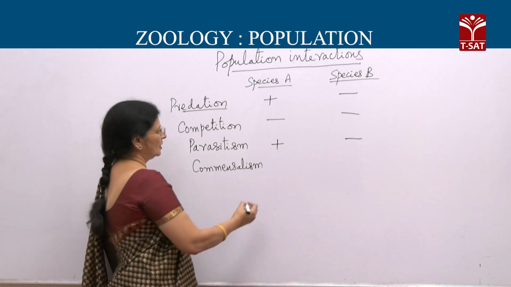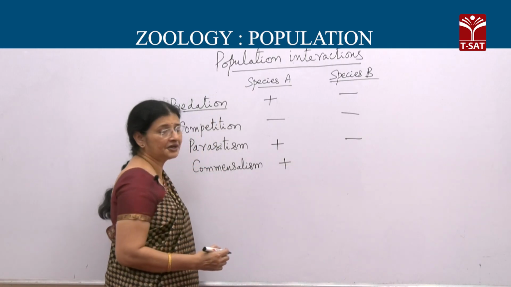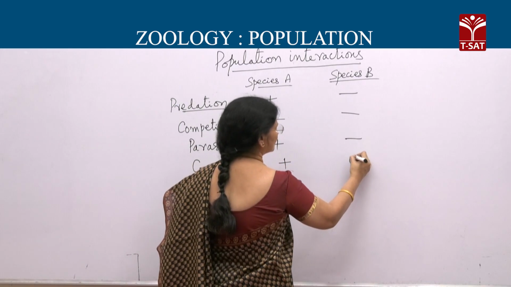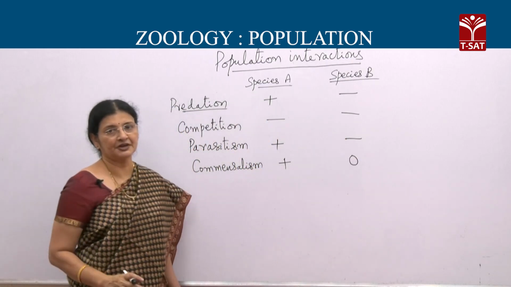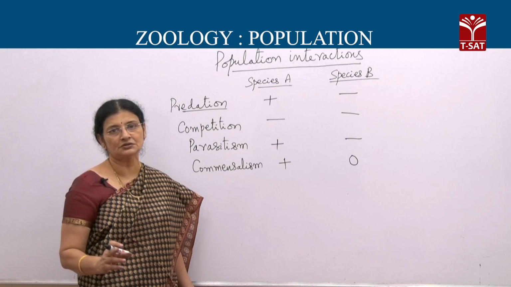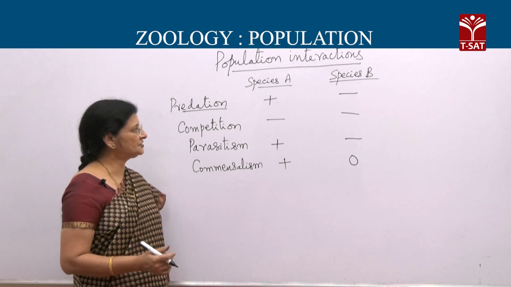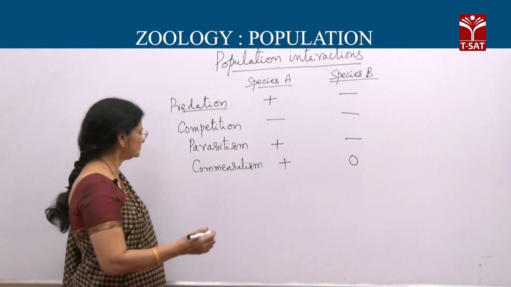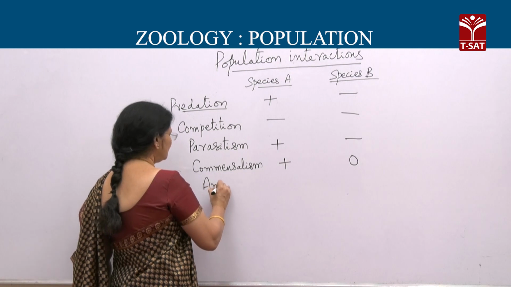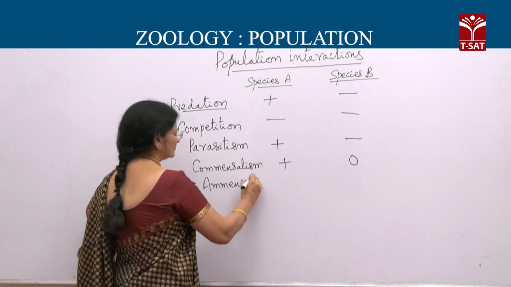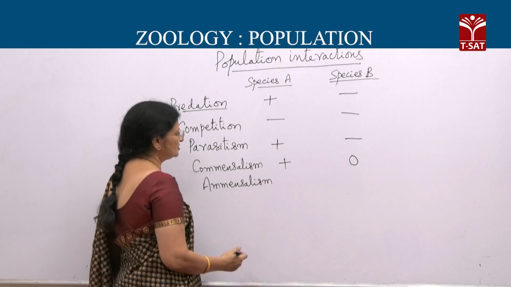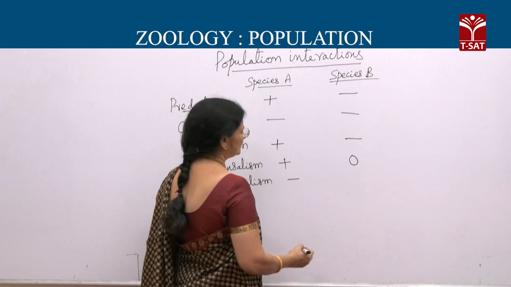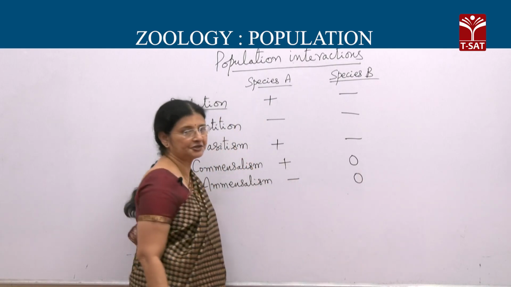In this, the commensal gets benefited, but the other one is not affected at all, neither benefited nor harmed. So one species is getting benefited, but the other species is unaffected. And another one, amensalism. In amensalism, one is getting harmed, the other one is unaffected.